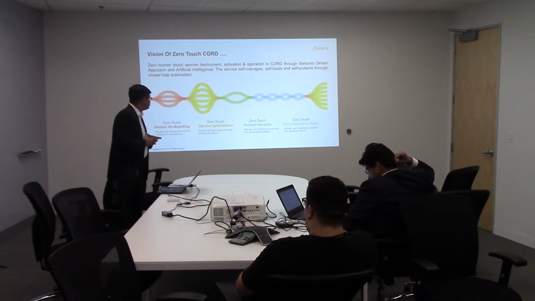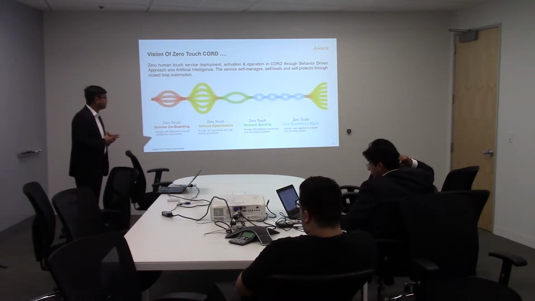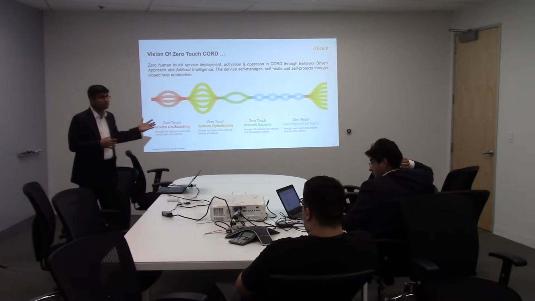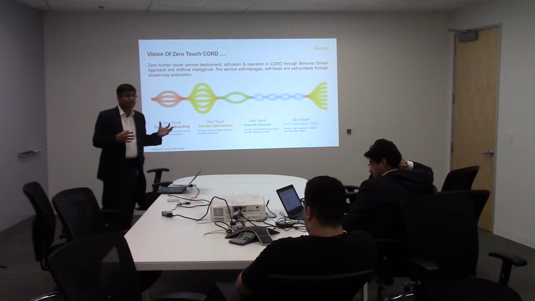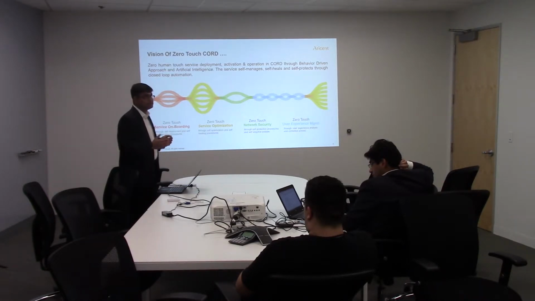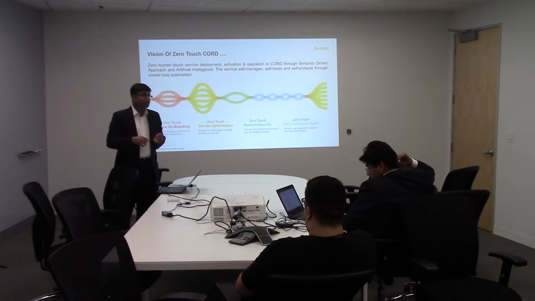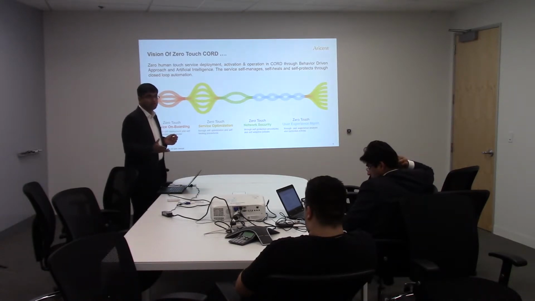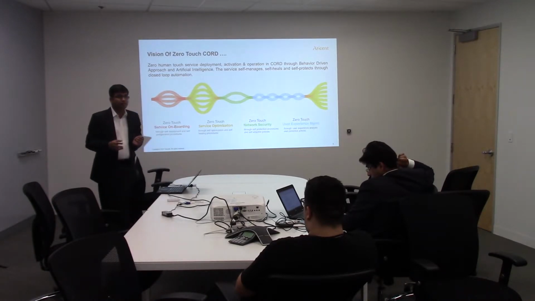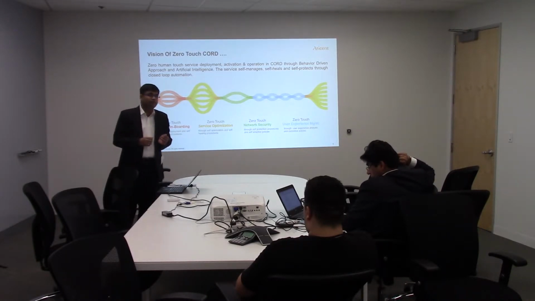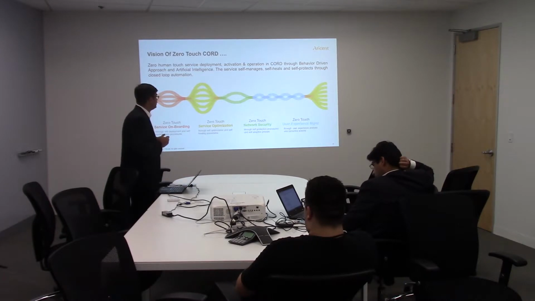Third is a zero touch ecosystem for network security, and finally what I was speaking about is the user experience. Can I have a zero touch user experience? If I see that my data speed is going down, or if I see that I am not able to connect to my favorite channel through a residential code, can this be automatically taken care of without me going and complaining to the service center that my services are not working?